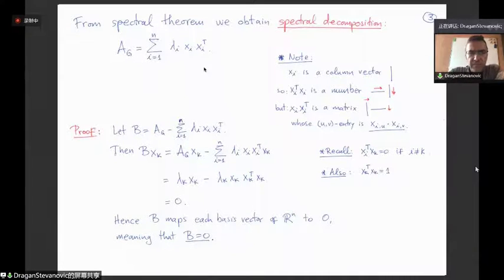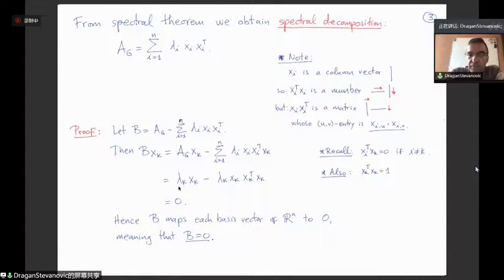Now, how can we see that this is actually correct? Well, let's form the difference between the adjacency matrix and this expression that we wrote. The easiest thing that we can do is to multiply this matrix B, this difference, with each of the eigenvectors in turn. Over here we have adjacency times xk.